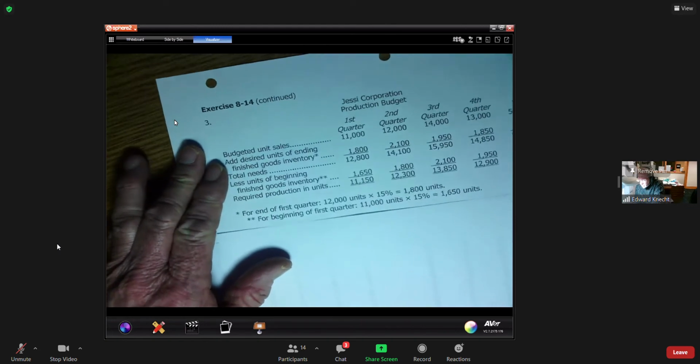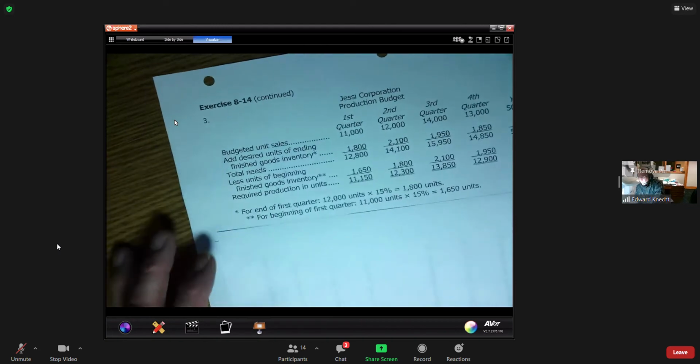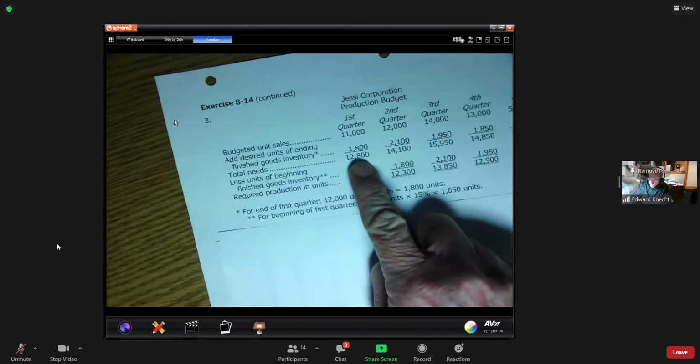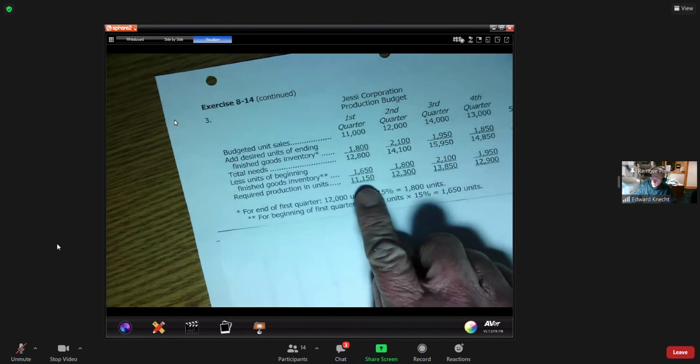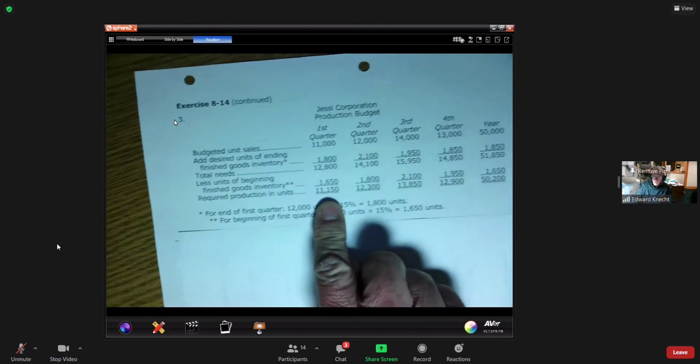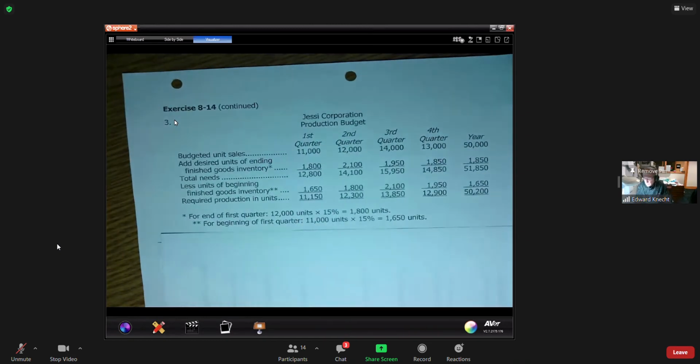For the beginning first quarter, 11,000 units times 15%. That would have been the desired ending inventory for the fourth quarter of the previous year. So that's the beginning, 1,600, and that's subtracted from the total needs. So the required production units is 11,150. And we do that for each quarter.